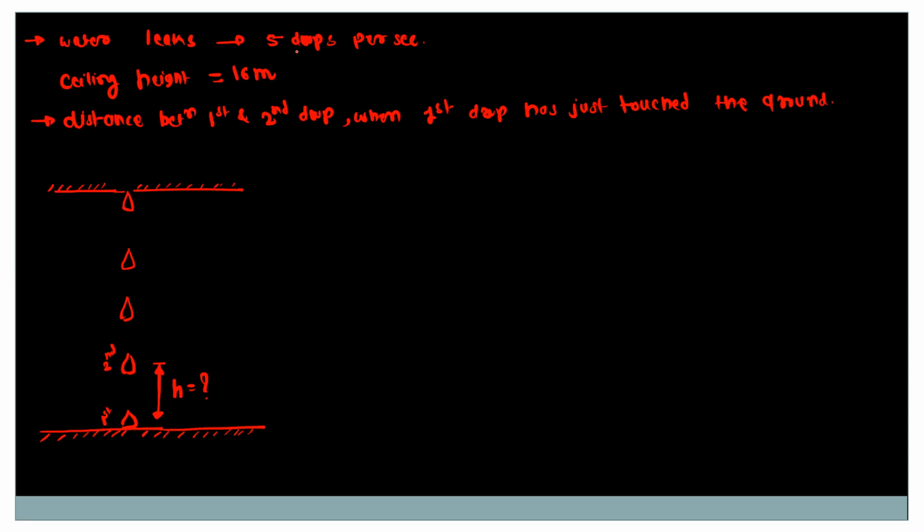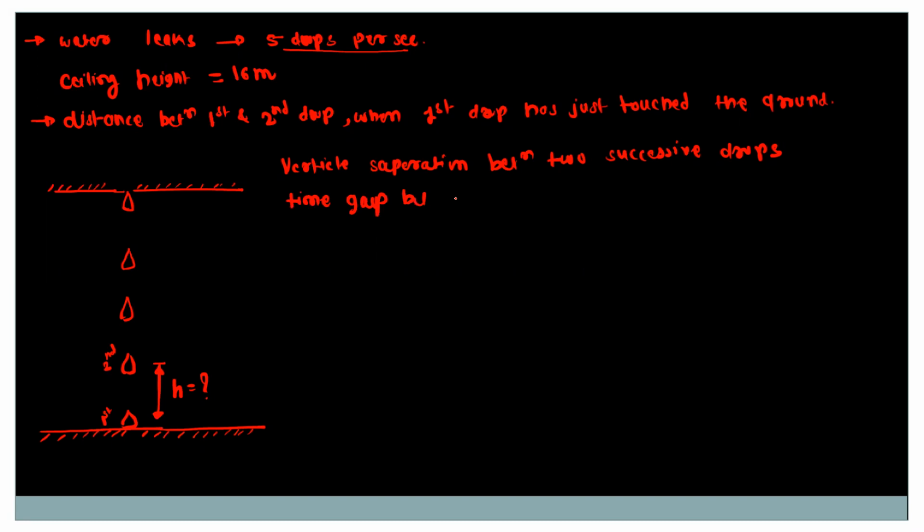So what is the meaning of 5 drops per second? From this information, we can find out the vertical separation between any two successive drops. This vertical separation means it is the time gap between any two successive or consecutive drops.